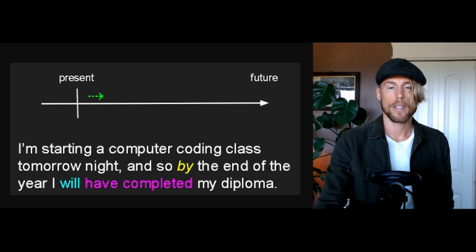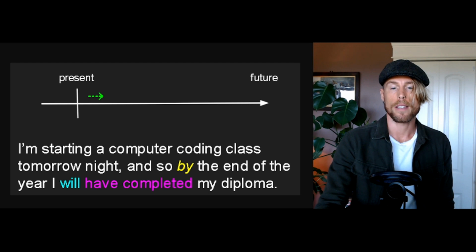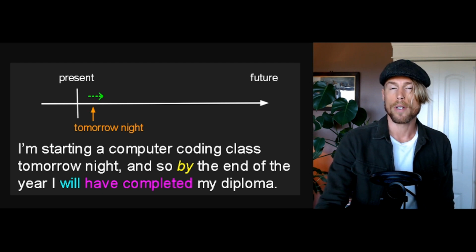Okay, here is the first plot on the timeline. What do you think that is? Is it tomorrow night or by the end of the year? Those are our 2 points in future time. Well, it's very close to the present, so it is going to be tomorrow night. And by the end of the year, what will you do by the end of the year?